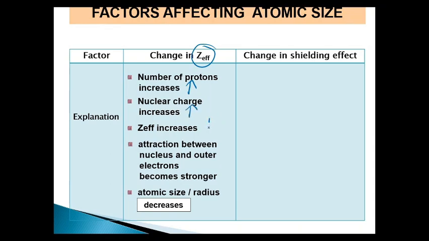And this causes the effective nuclear charge to increase. When it increases, the attraction between nucleus and outer electrons will become stronger. Hence, the atomic size or radius will decrease.